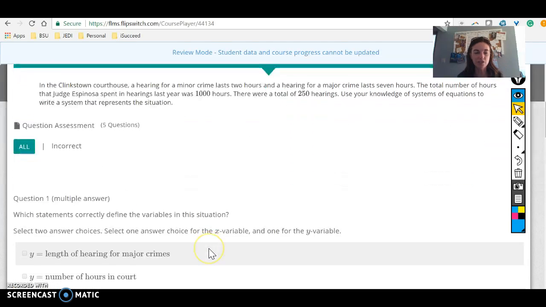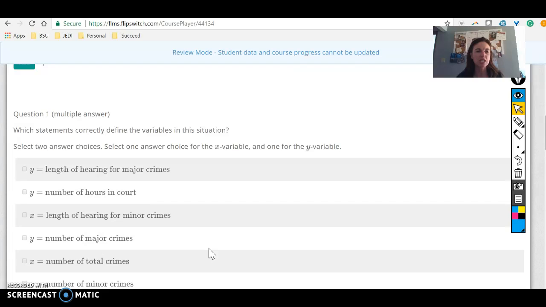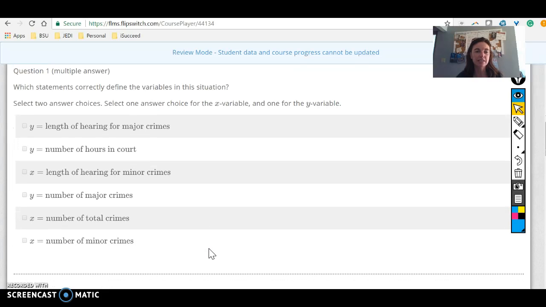So the first question says, which statements correctly define the variables in this situation? Let's look. They only give us two choices for x, so let's look at that first. X could either be the number of total crimes or the number of minor crimes.